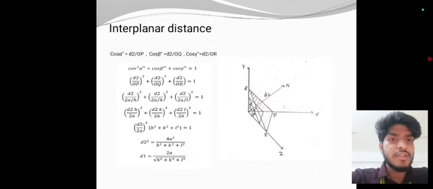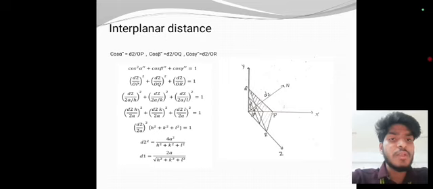Now by the direction cosine rule we get cos square alpha double dash plus cos square beta double dash plus cos square gamma double dash equal to 1. Substituting the above values, we get d2 by OP whole square plus d2 by OQ whole square plus d2 by OR whole square equal to 1. We know OP equal to 2a by h, OQ equal to 2a by k and OR equal to 2a by l.